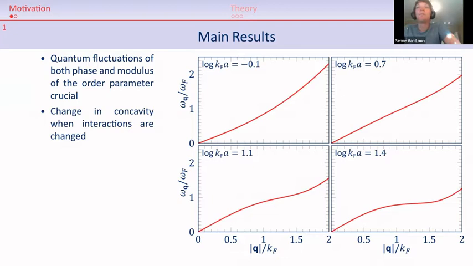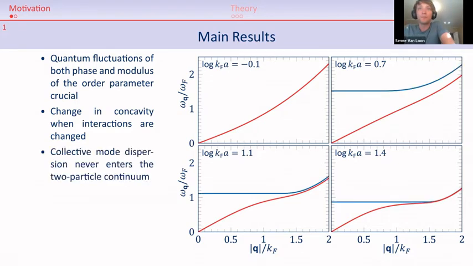Secondly, just as in 3 dimensions, there's a change in concavity that occurs if you go from the Bose regime to the BCS regime, and we're able to find some analytic results about this concavity and how it changes with respect to the interaction.